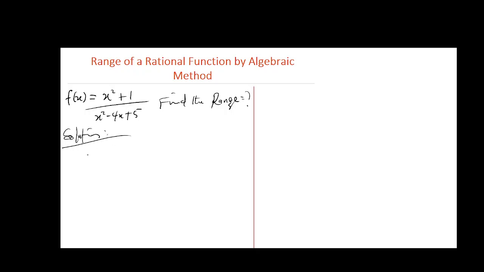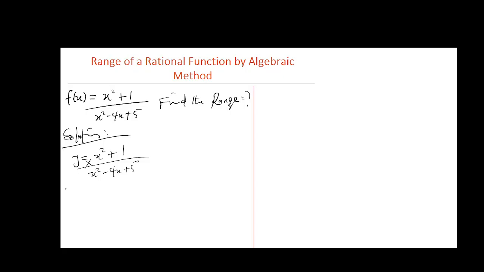We know that the range, which is the y values, is the set of y values for which a function is defined. So it is the y values that make this function defined. So we would solve this in terms of y. We have that y is equal to x squared plus 1 all over x squared minus 4x plus 5.